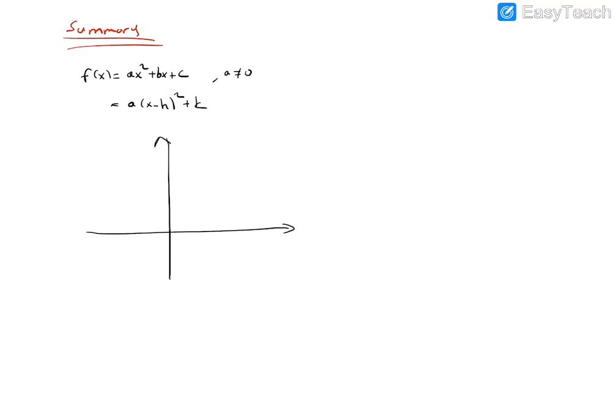According to the sign of a, if a is positive, the graph is upward, like this one. The vertex, this point, is called the vertex, and the minimum value is at h, k. Which h, k?